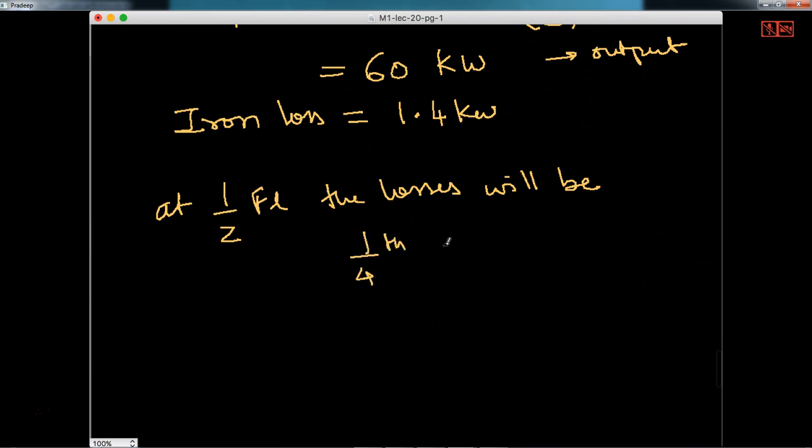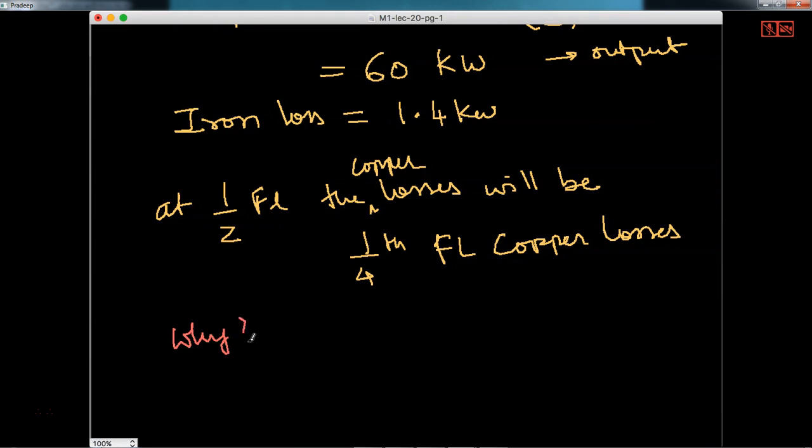The copper loss is proportional to current square.